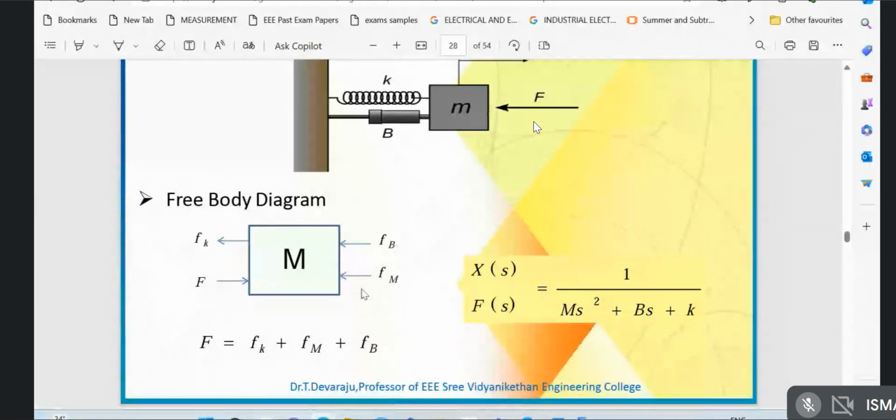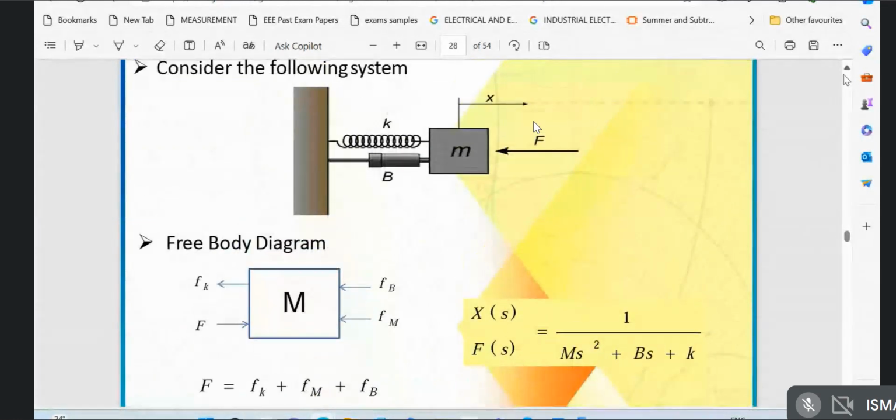They are active forces. Fk is acting this way, and there's Fm also. You can see F is here.